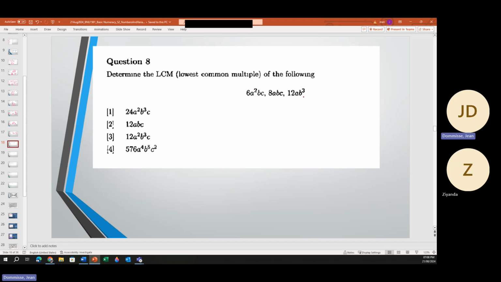So all three of these will be able to divide into one of these, and we will get something left over. Okay, so lowest common multiple means that all of these must be a multiple of the answer. Okay, so the easiest for me normally to work this out is to take it in steps.